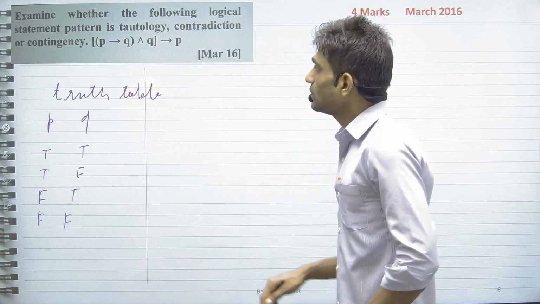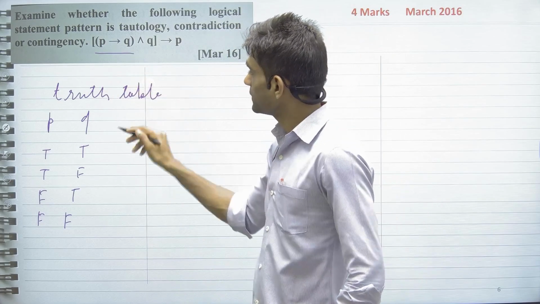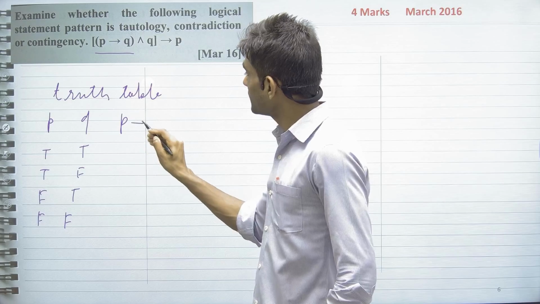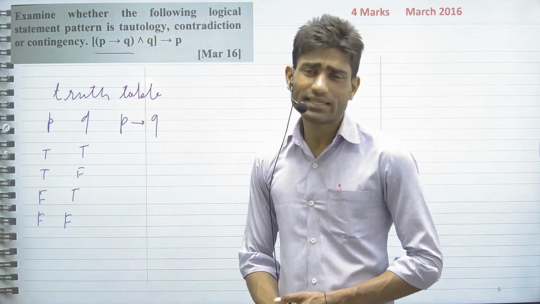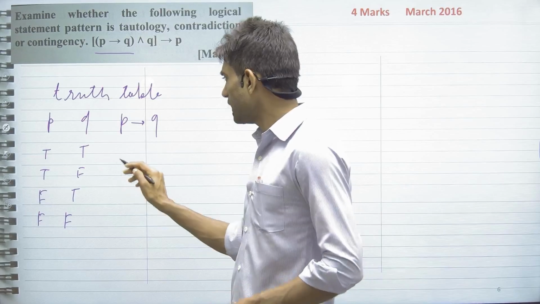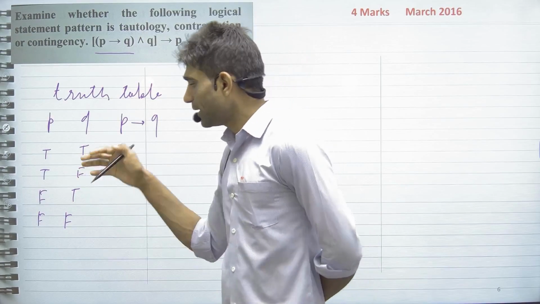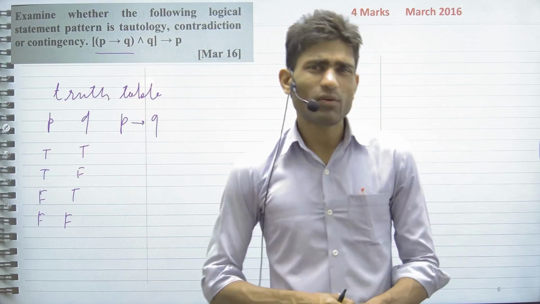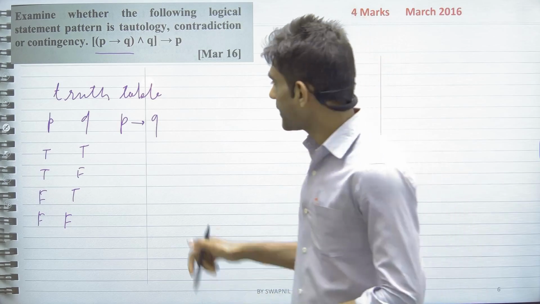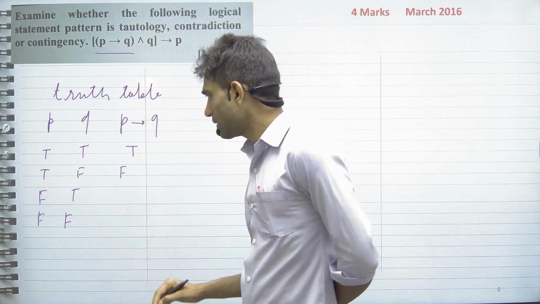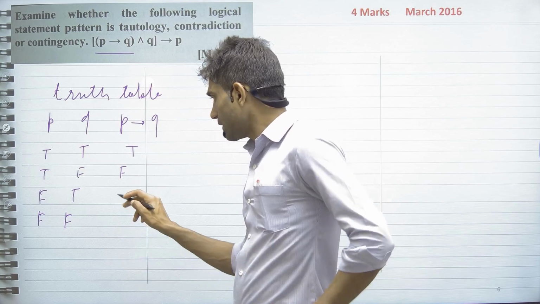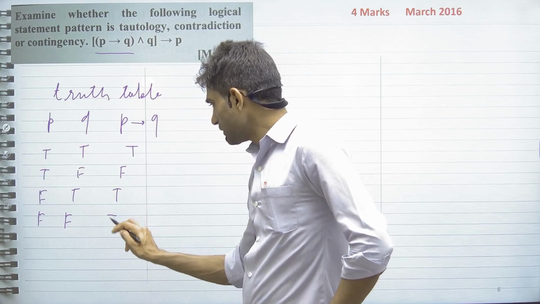Now we have to solve this bracket first, that means P implies Q. The implication gives us T F as only F; remaining all go to true. So this one is true, T F is only F, and this one is true, this one is true.